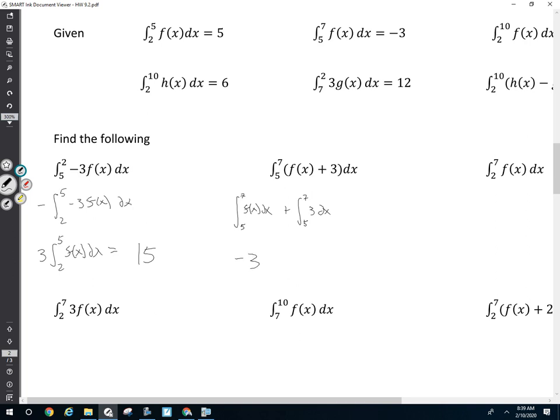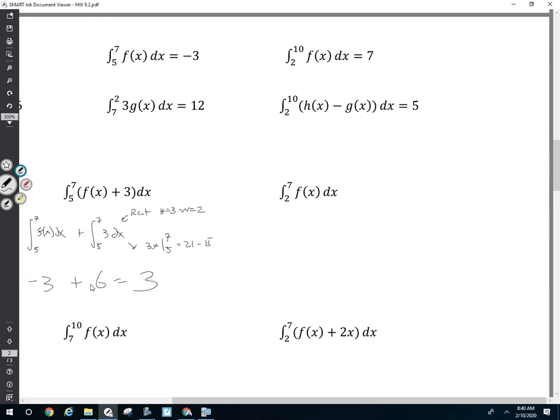And this is either negative 3, and this is either a rectangle, height 3, width 2, or you say this is the change in 3x from 5 to 7, which is 21 minus 15. So either way, you're going to get 6. Your answer here is 3.